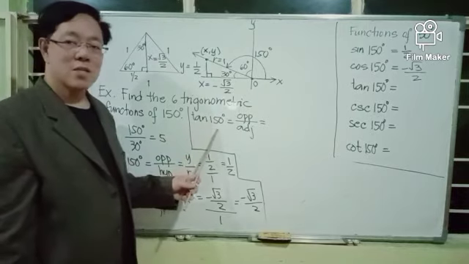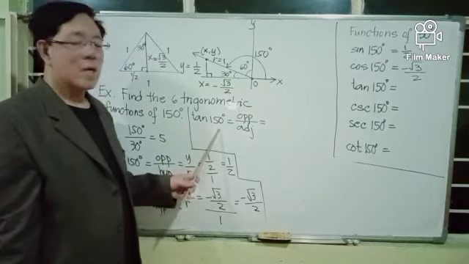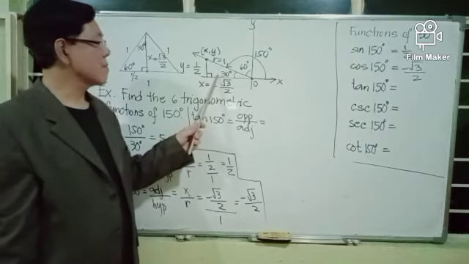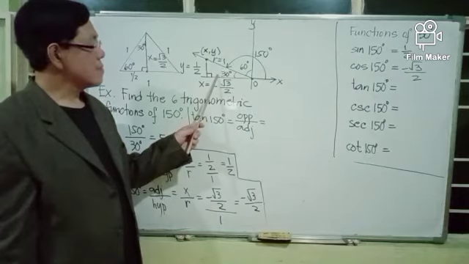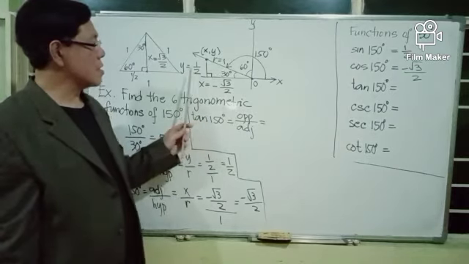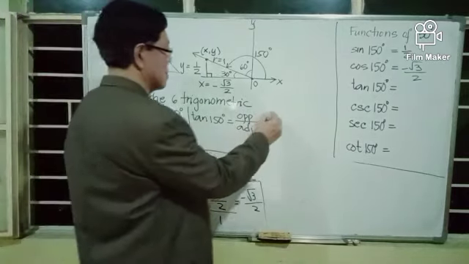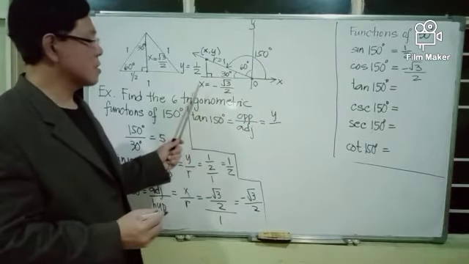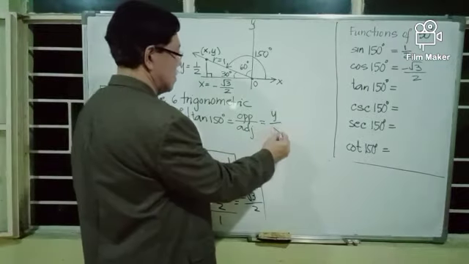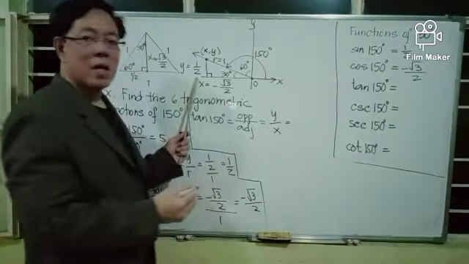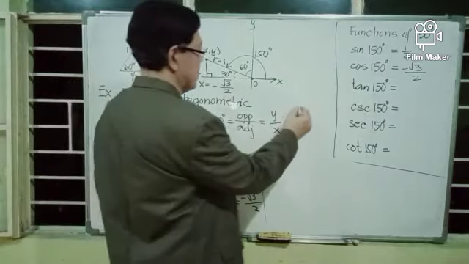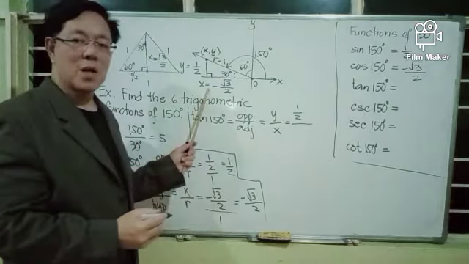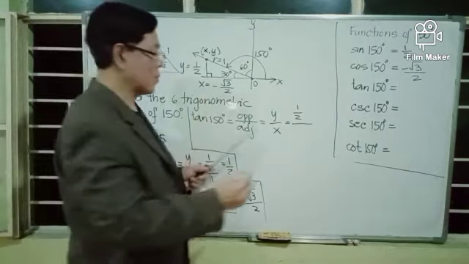And we find the tangent of 150 degrees in terms of the tangent of 30 degrees. The side opposite 30 degrees is y. The side adjacent to 30 degrees is x. And our y has a value of 1/2. Divide by x, our x has a value of negative square root of 3 over 2.